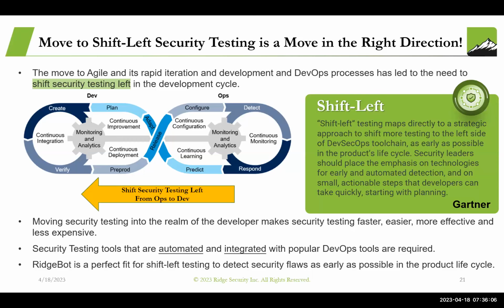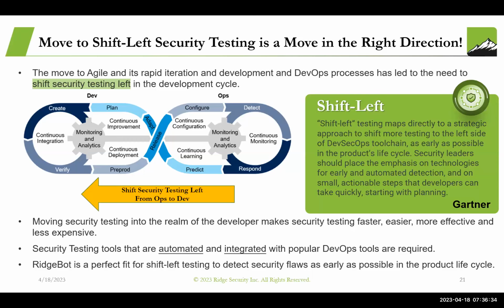And again, security tools that can be easily integrated into the DevOps process, for example, via REST API. And the last point is security tools that can also use commonly used bug tracking tools that are used by developers, such as Jira, GitLab, etc.